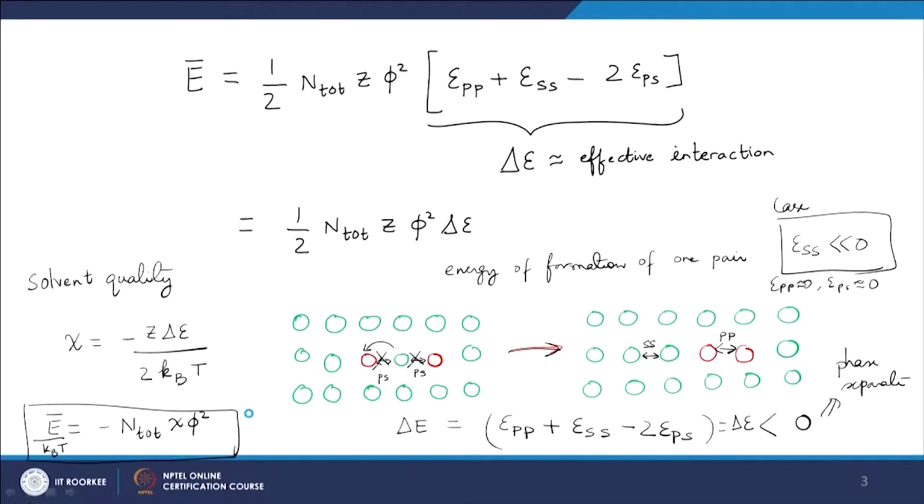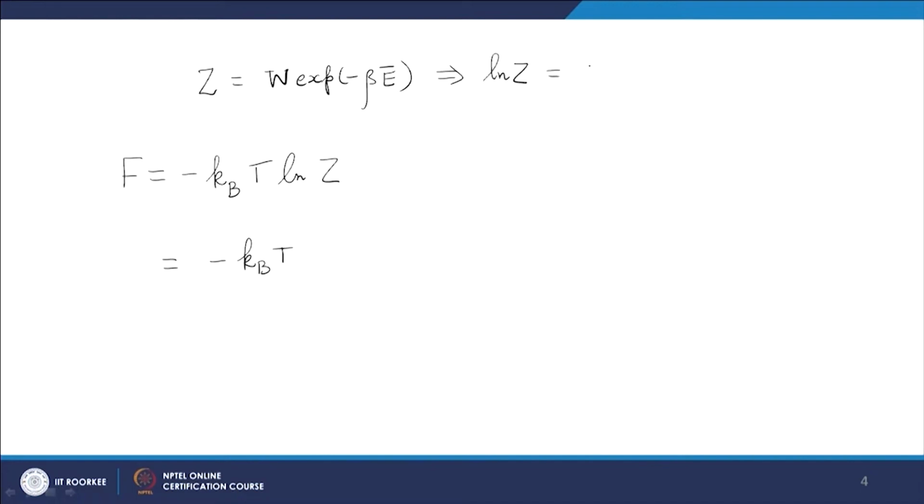So, Z is now W exponential of minus beta E bar, and I know by the statement we have made earlier that the Helmholtz free energy is minus kBT ln of Z. From here what we get is minus kBT ln of Z will be ln of W minus beta E bar from here.